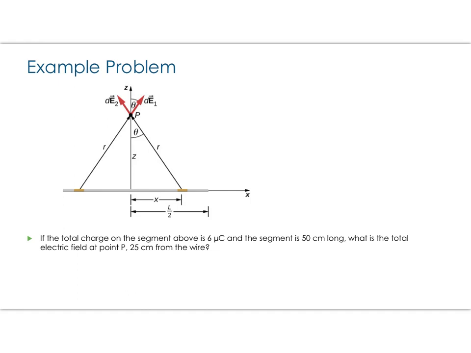Finally, the last one talks about how we would find the electric field due to a segment of a wire, but we actually have an expression. And here, we also have the x components cancel, and we only get an EZ when we go all the way along this little segment of wire that has charge.